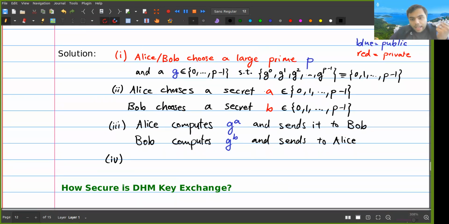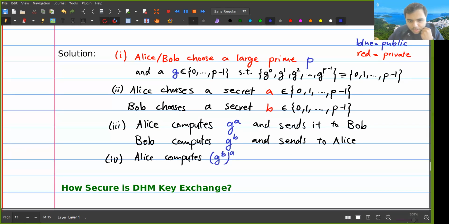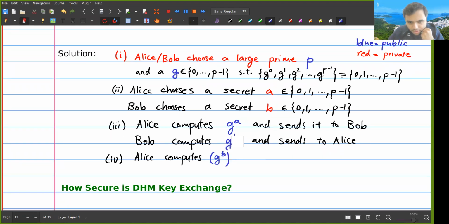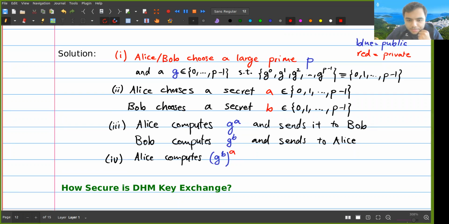So we know that Alice knows the secret A, and Bob has now published G to the power of B. So what Alice can do is that Alice computes G to the power of B, again to the power of A. Okay.